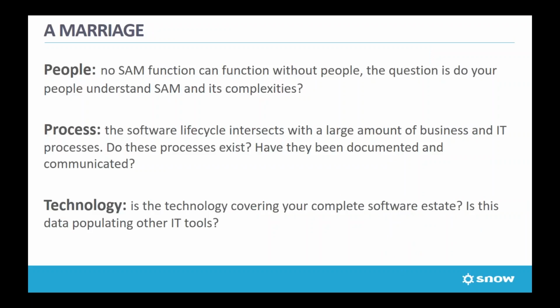Whether it's as simple as, how do I, as an end user, get a piece of software? Do I have the ability to use my credit card, and do I have admin rights so I can go install stuff? Do the server guys have the ability to spin up VMs willy-nilly, put new processes into servers, spin up new SANs? Again, process is the bedrock of software asset management, because that's what gives us control.